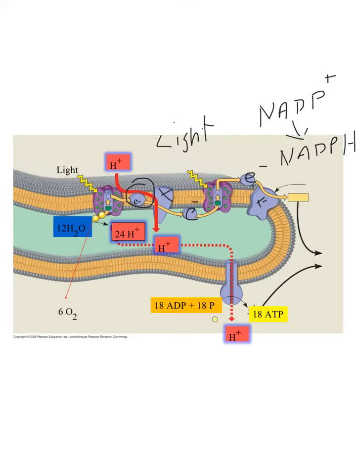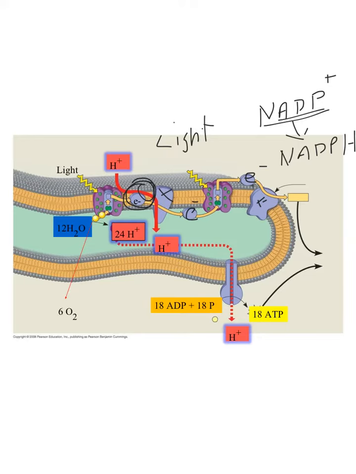So how do we get a positive NADP to pick up a positive hydrogen? Well, you've got to give it 2 electrons. But this is cool. How many electrons did we have way back here?